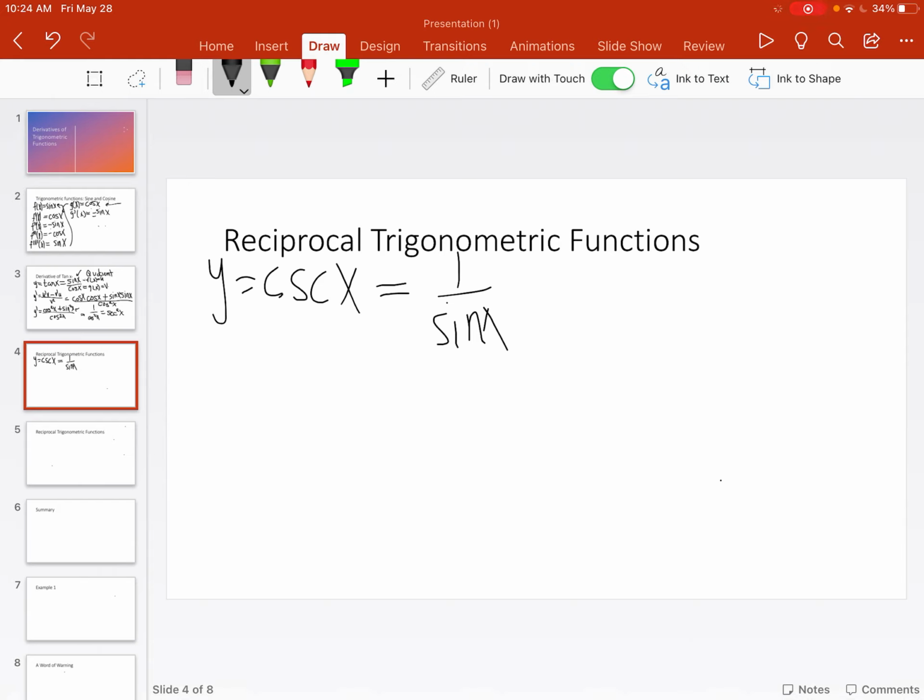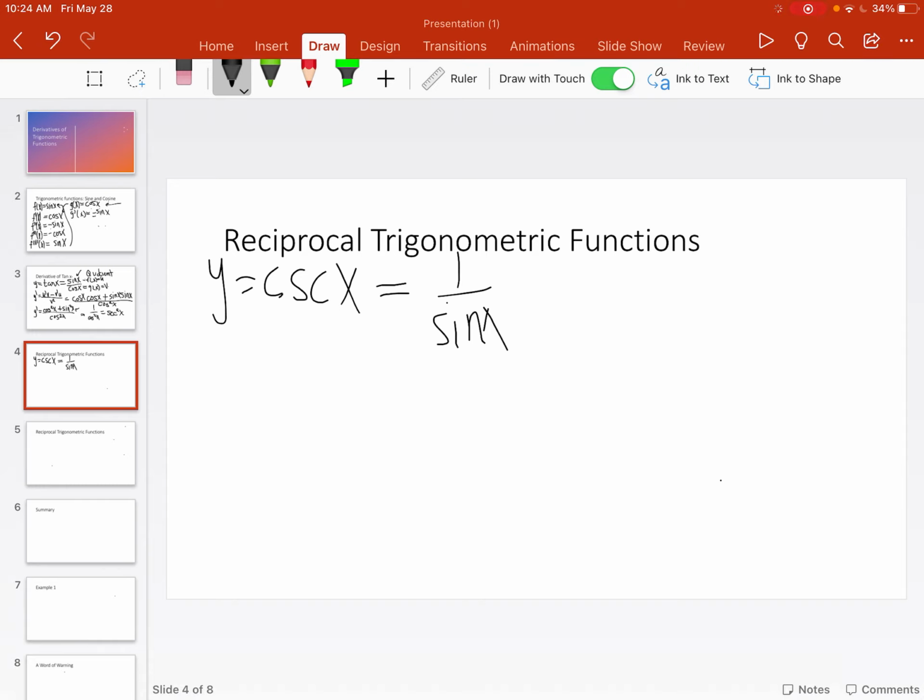So that's basically your first step. You want to rewrite other trig functions in terms of sine and cosine in order to take their derivatives. So we wrote this in terms of sine because cosecant is just 1 over sine x.